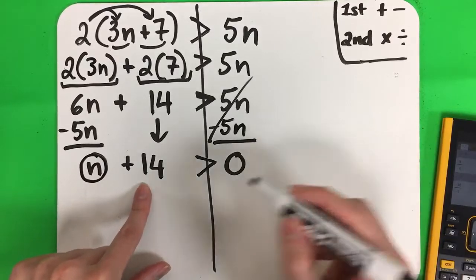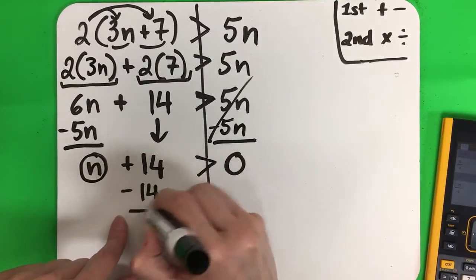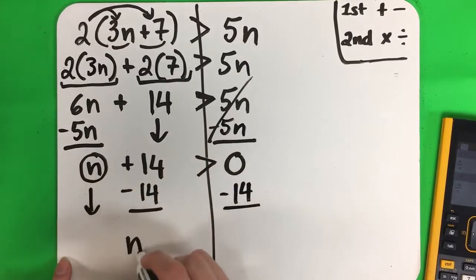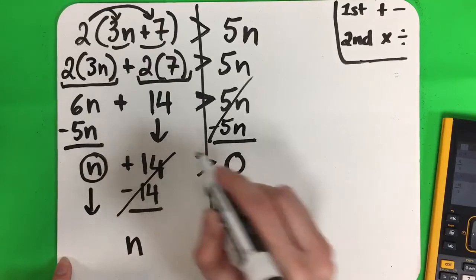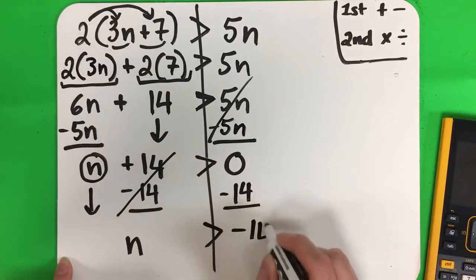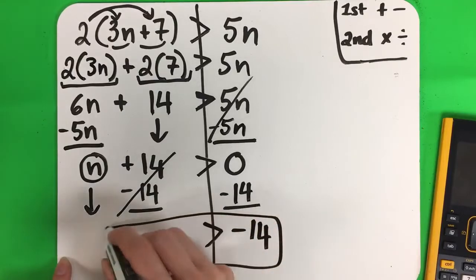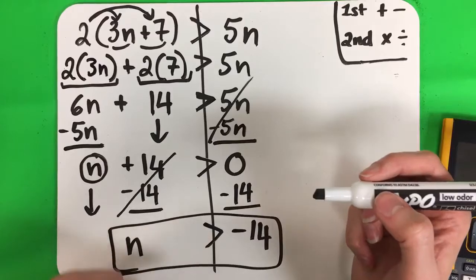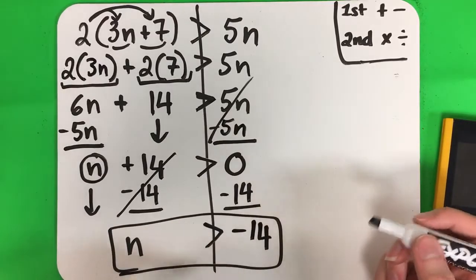N is with 14. This is positive. The opposite, negative. Minus 14. Minus 14. Copy n. 14 minus 14 is 0. Copy greater than. 0 minus 14 is negative 14. This is my answer. N is greater than negative 14. N es mayor que negativo 14.